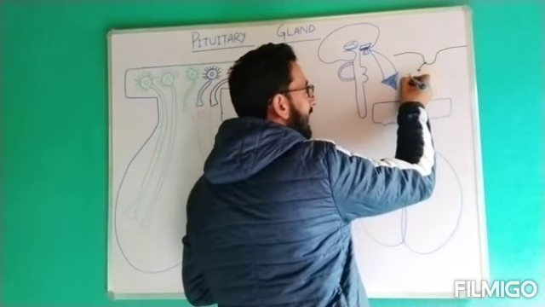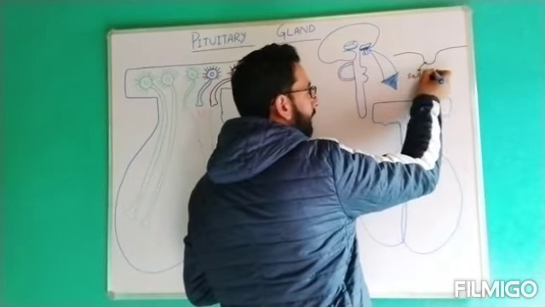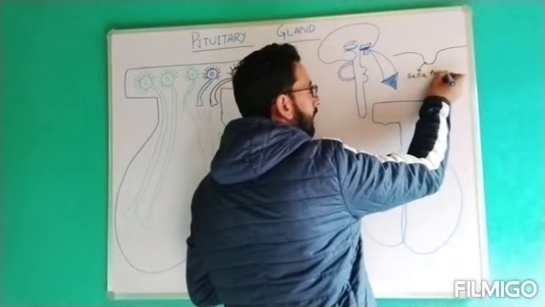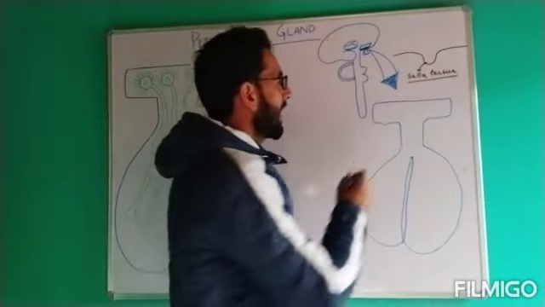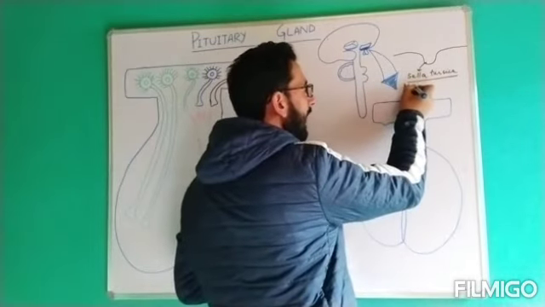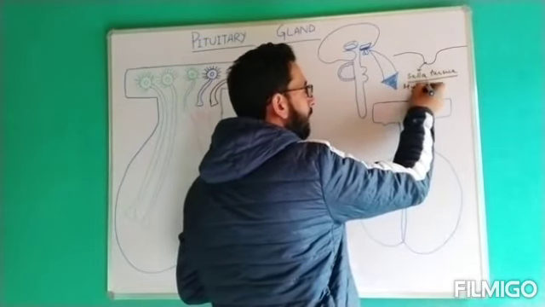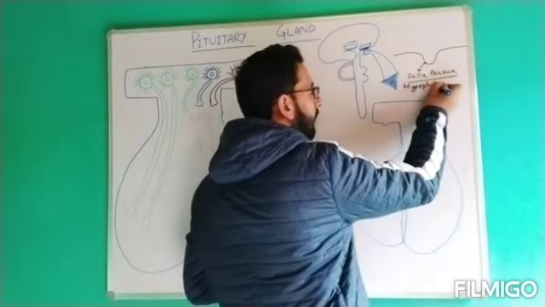The sella turcica is also called the hypophyseal fossa.